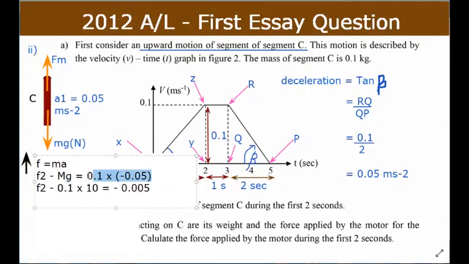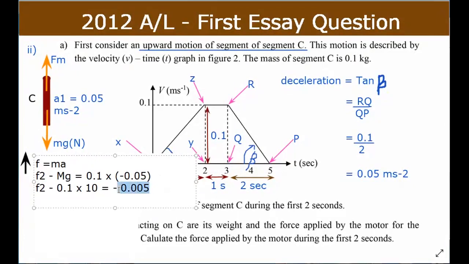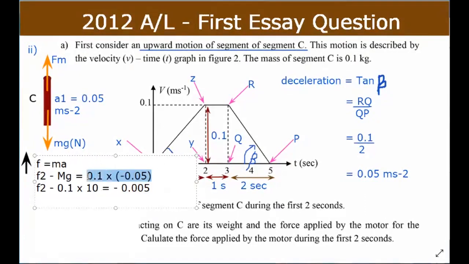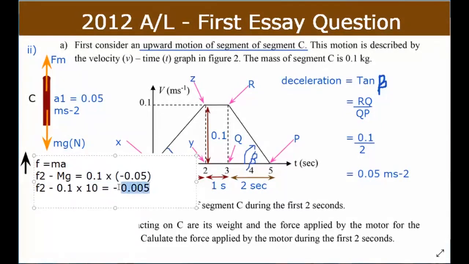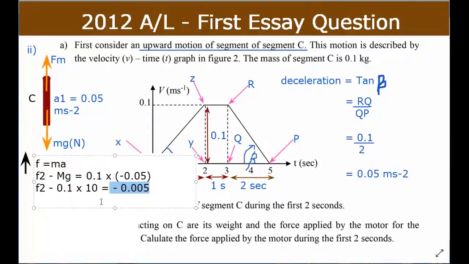Who would like me to explain this simplification? Please raise your hand up. Who wants to know how I get this 0.1 multiplied by 0.05 as 0.005? Anybody in the class? Nobody wants. Okay. So this is F2 minus 0.1 into 10 is 1 equals minus 0.005.